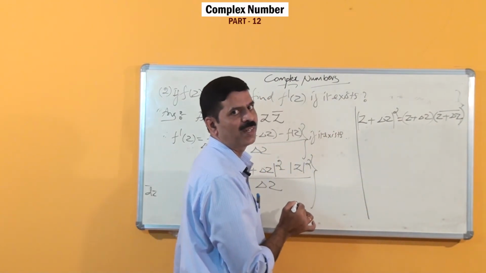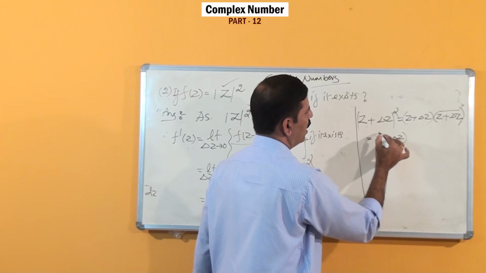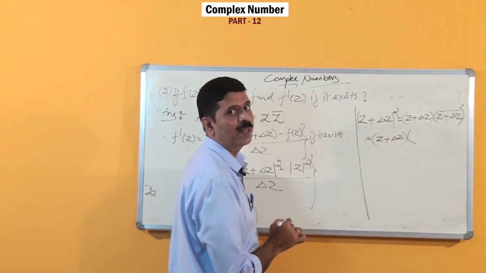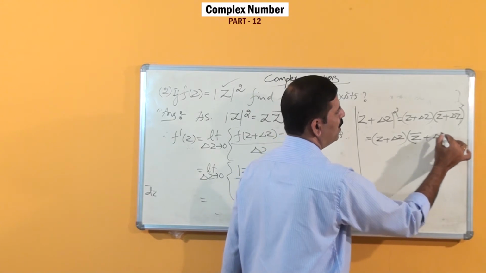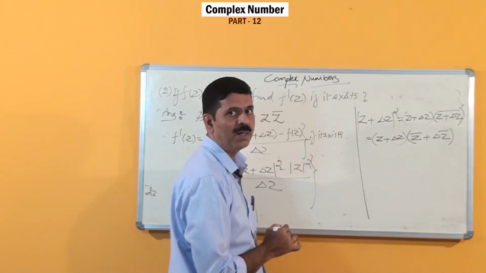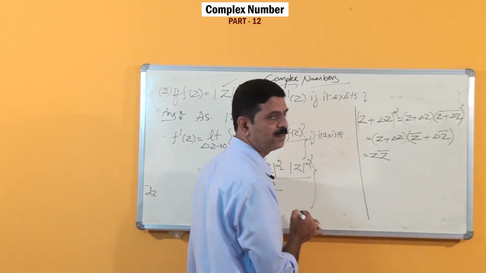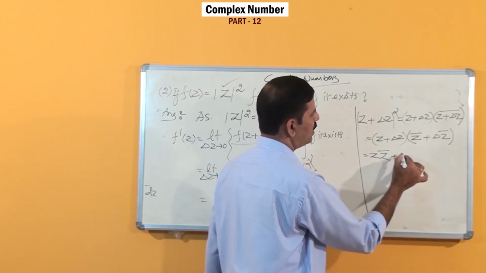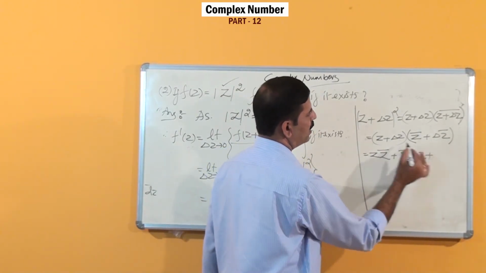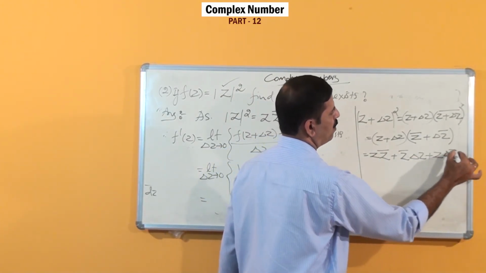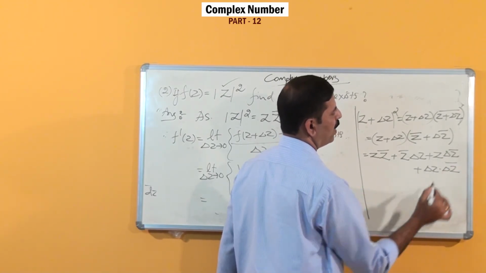On simplification it is z z bar plus z delta z bar plus z bar delta z plus delta z delta z bar.